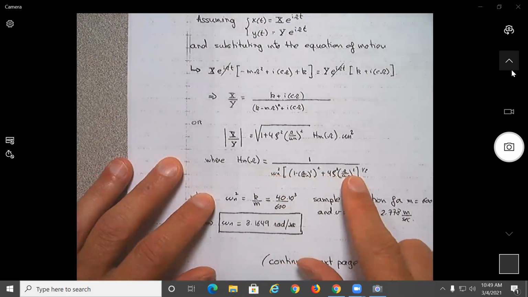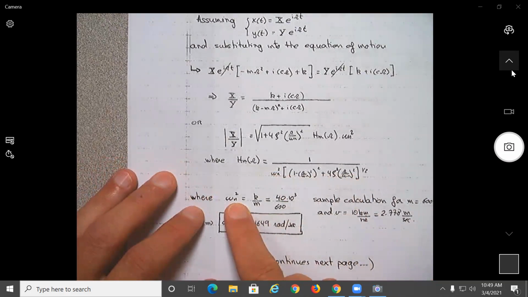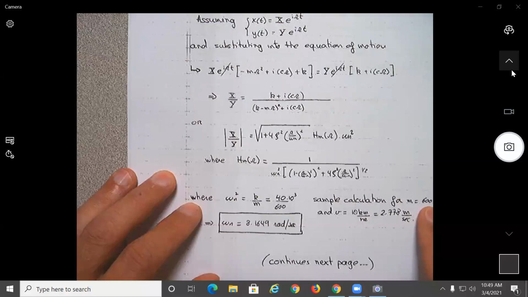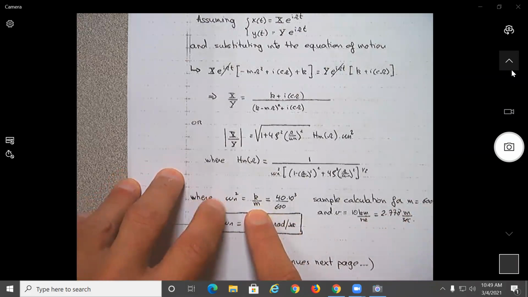And we have this expression here. So now we know the K, we know the mass. So we're going to have how many different natural frequencies? 3 different cases, no? So here looks like I do this sample calculation for m equals 600 and v equal to 10 kilometers per hour. So in that case, you have K over m. This is the natural frequency of what?